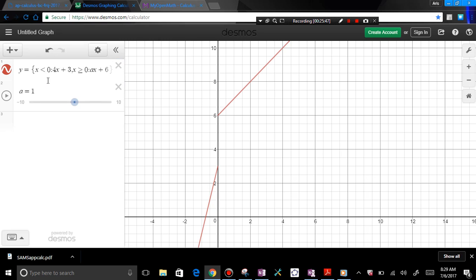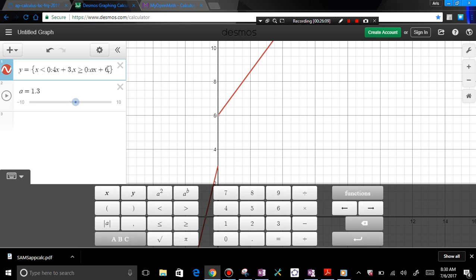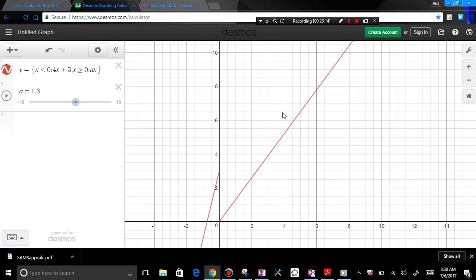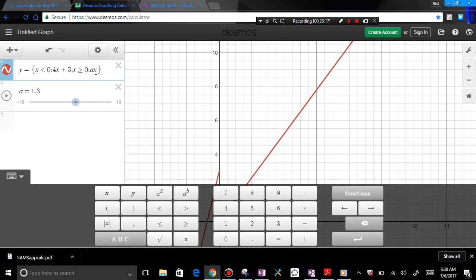The question is, what should a be so that the limit exists? Can it be anything? Maybe it can be anything. Actually, no, I want to do this. Let's do 3x plus a. A should go inside.